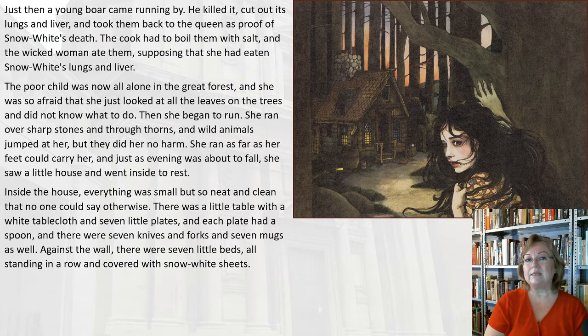So it really isn't that strange that the queen would eat a portion of her stepdaughter, even though it's icky and even though it's full-on cannibalism. The reason for this, why would she eat the lungs and the liver of this 7-year-old? Because the 7-year-old was beautiful.